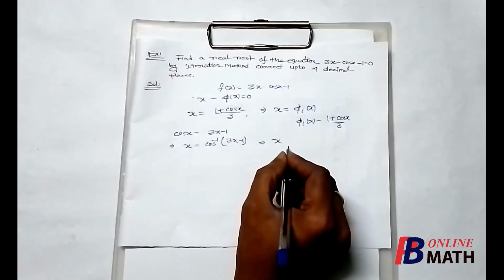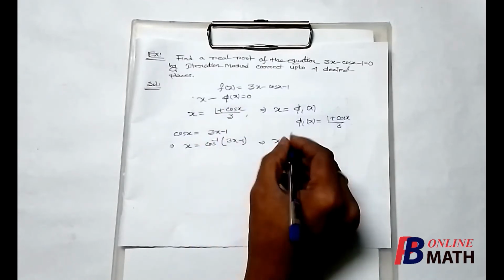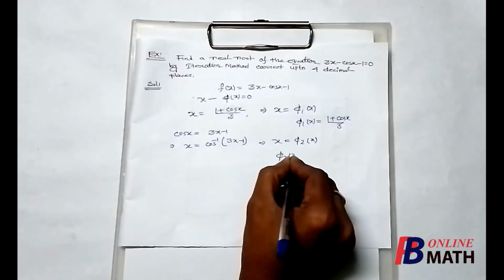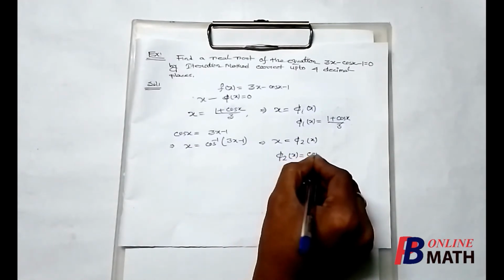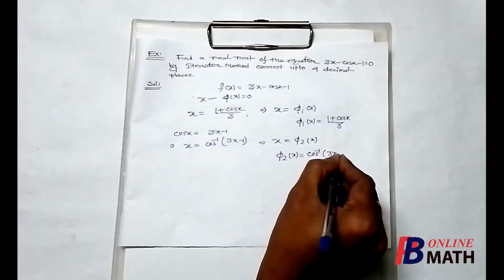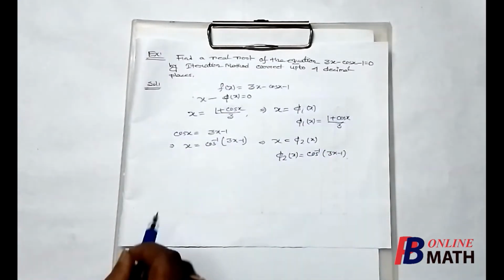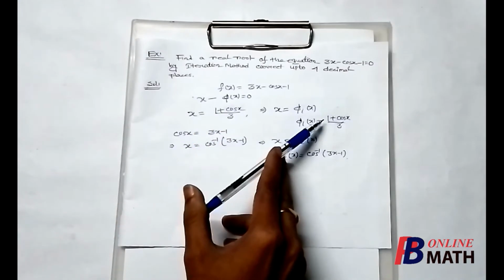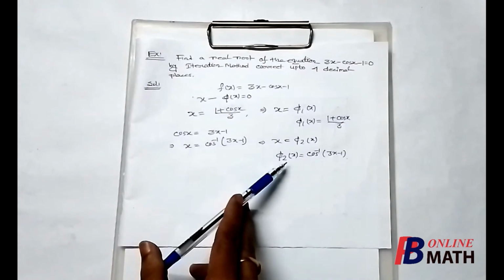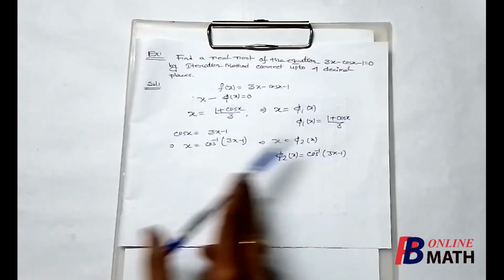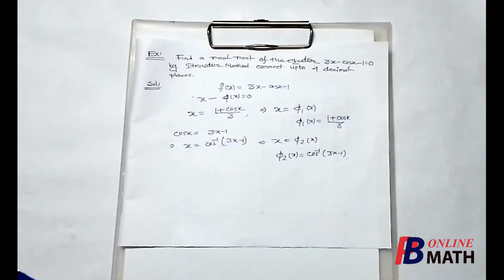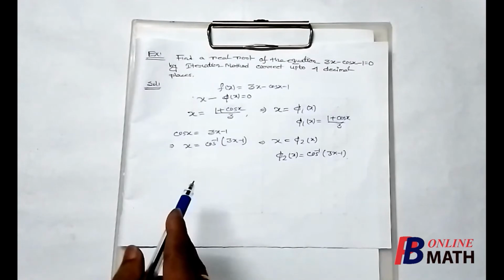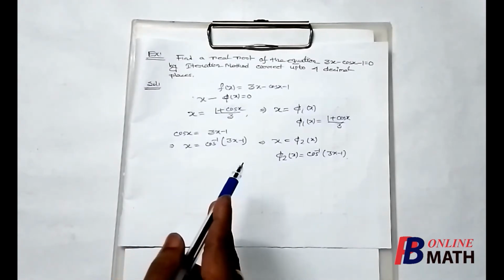So here we have expressed the equation f(x) equal to 0 as x equal to phi 2 x, where phi 2 x equal to cosine inverse (3x minus 1). So there are two ways to express this function phi x. One is phi 1 x equal to (1 plus cosine x) by 3, and the next one is cosine inverse (3x minus 1). So out of these two ways, we have to select the function phi x for which modulus of phi dash x will be less than 1 within a specified interval.